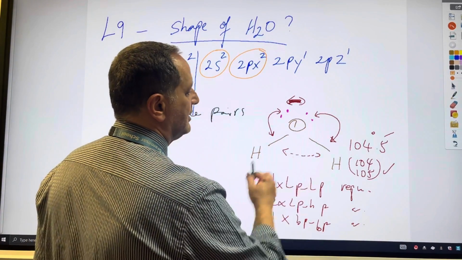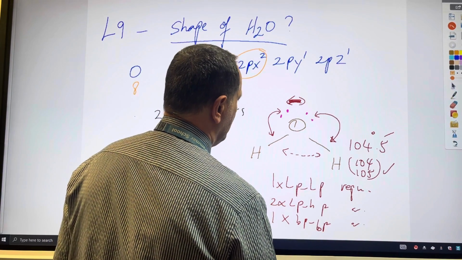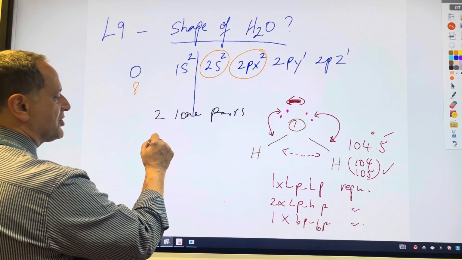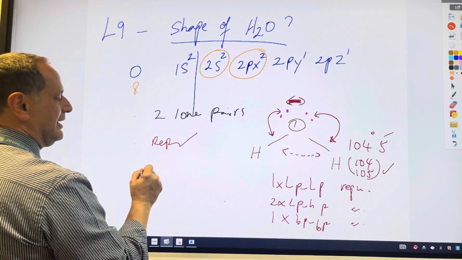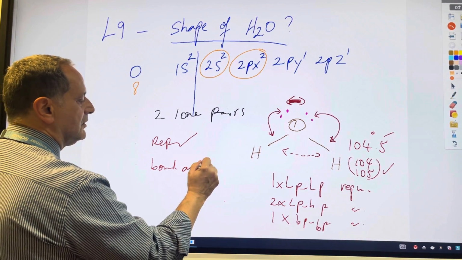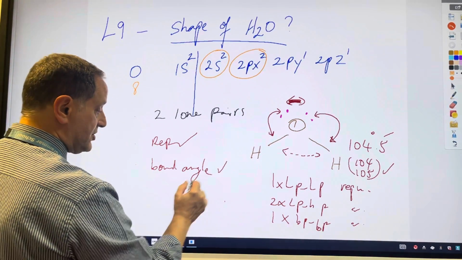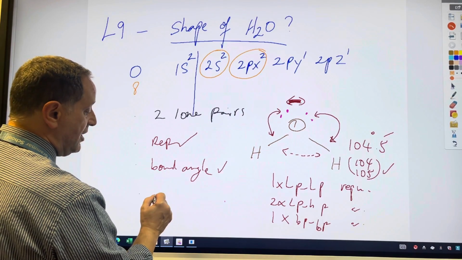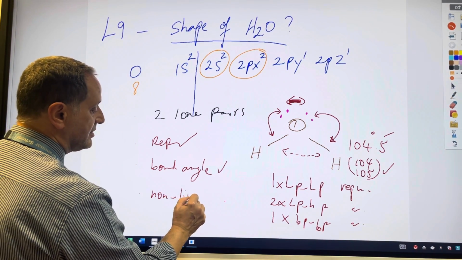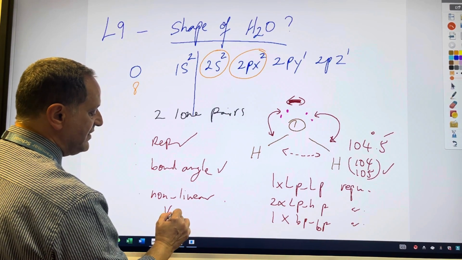So the bond angle is that. Now that we've dealt with the 2 lone pairs, we talked about repulsions as well, and then we talked about bond angle, which in this case we discussed. And then the shape is non-linear, and V-shaped.